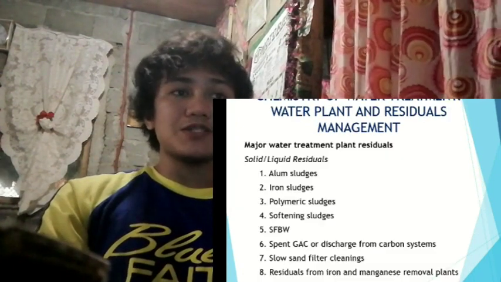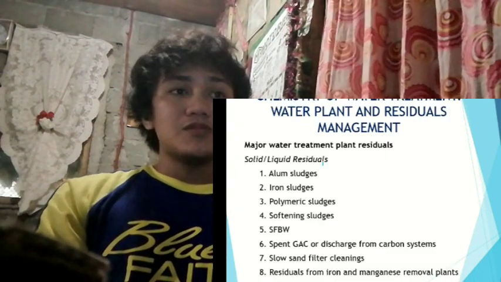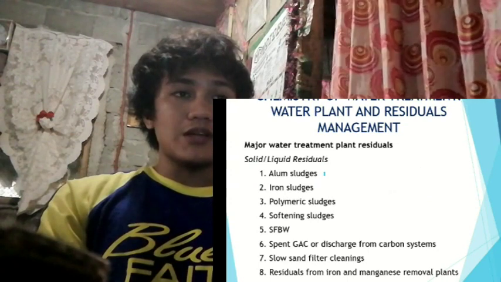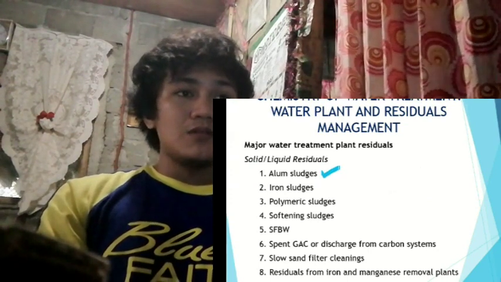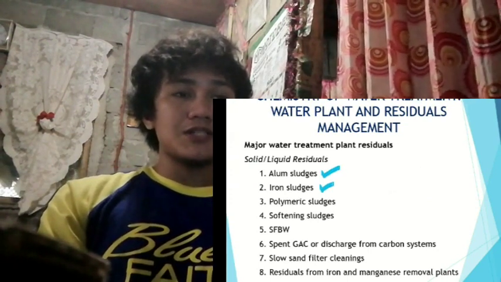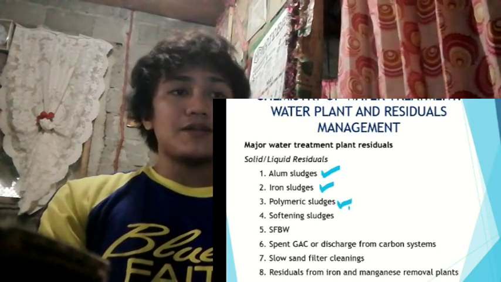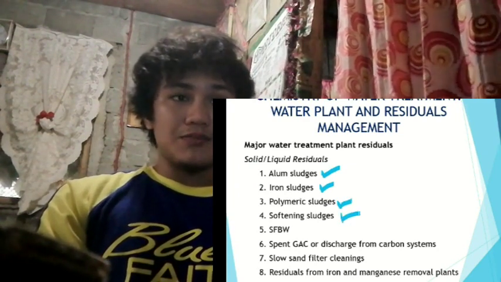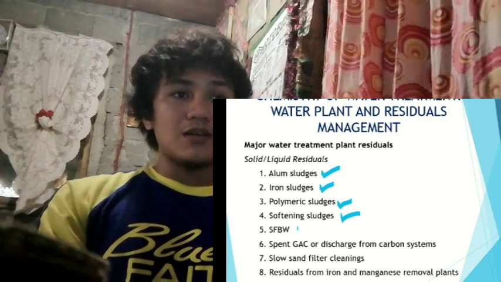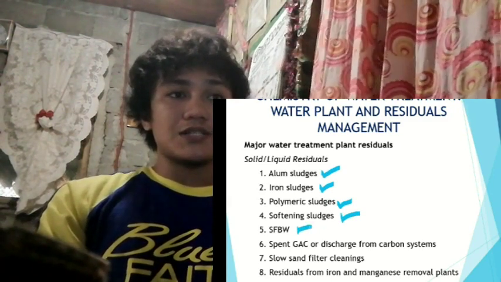Major treatment plant residuals, solid and liquid residuals. First, alum sludges. 2, iron sludges. 3, polymeric sludges. 4, softening sludges.